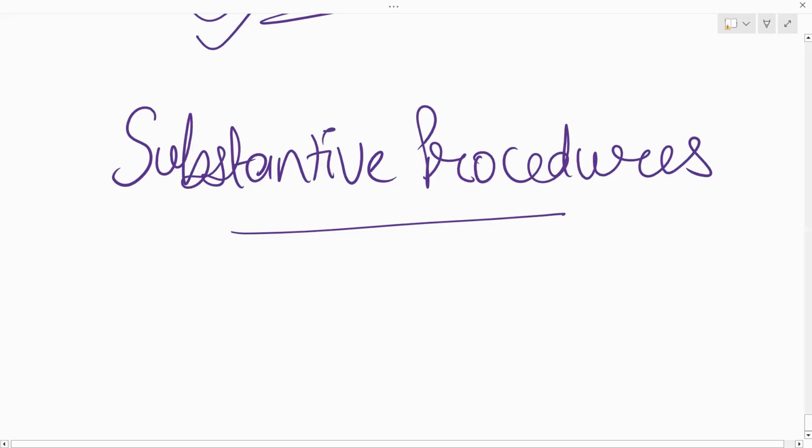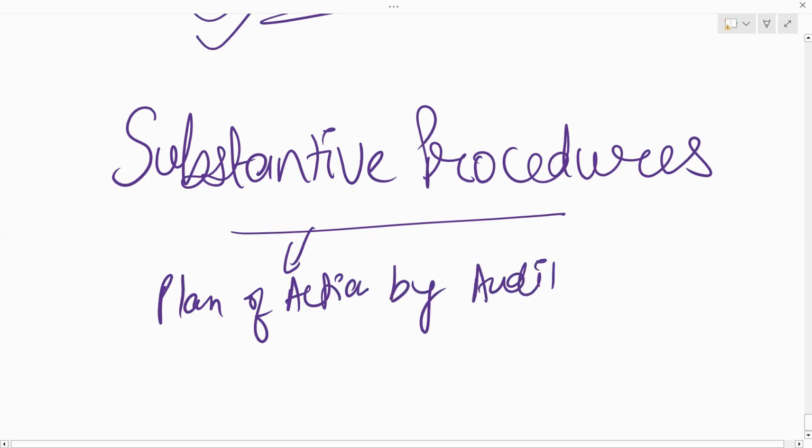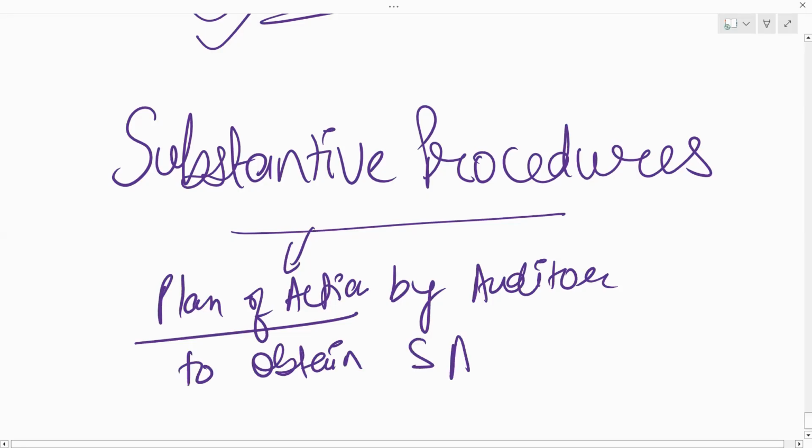Okay. So substantive procedures are nothing but a plan of action by the auditor to obtain sufficient appropriate evidence. Now there can be a scenario in the question where there was a risk, for example.